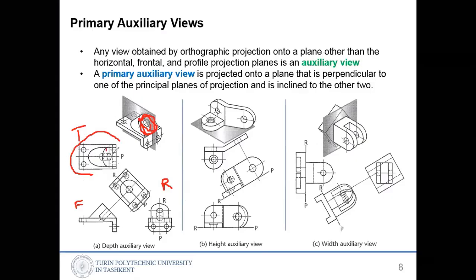In this view we cannot see it, and here we can see, but it's not the true view. Here it is also inclined, so we cannot see the real view. In reality that's a cylinder, but here it is not a cylinder.